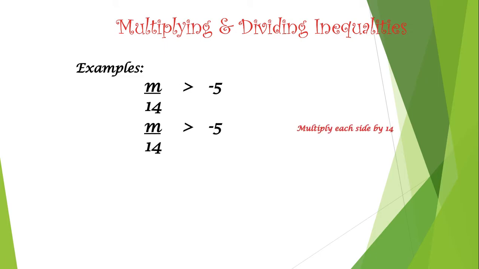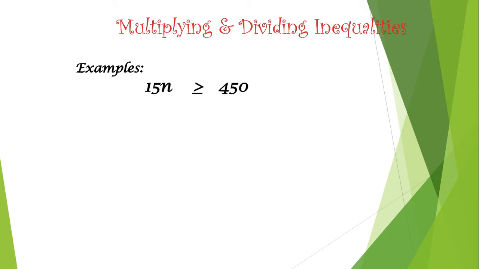Multiplication on both sides. So in this way we can cross out 14, simplify it. We are left with m is greater than negative 5 times 14. If there is no sign between the two numbers, that means it is a multiplication. So 5 times 14 will give you negative 70, because we have a negative integer.